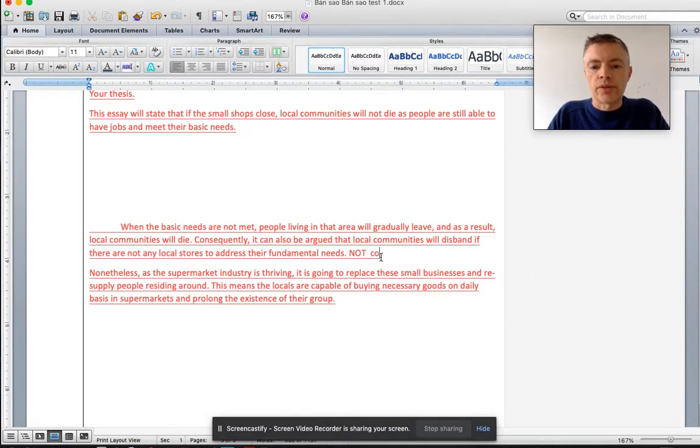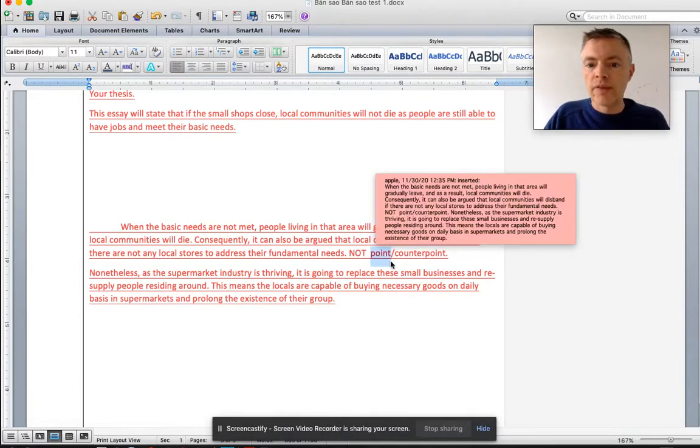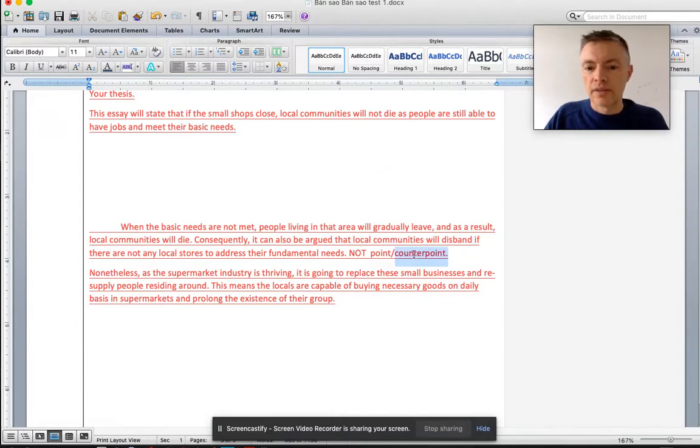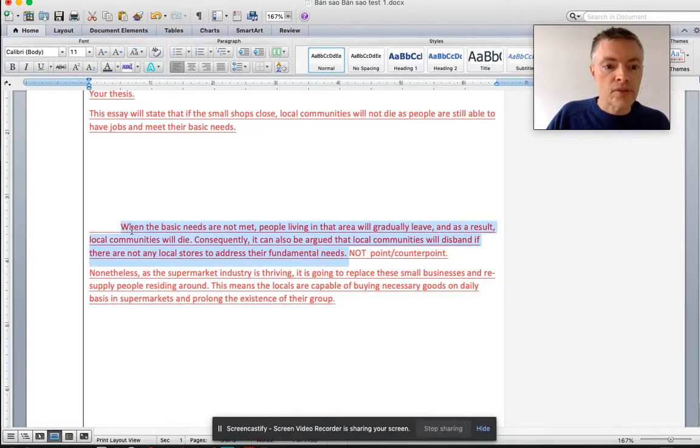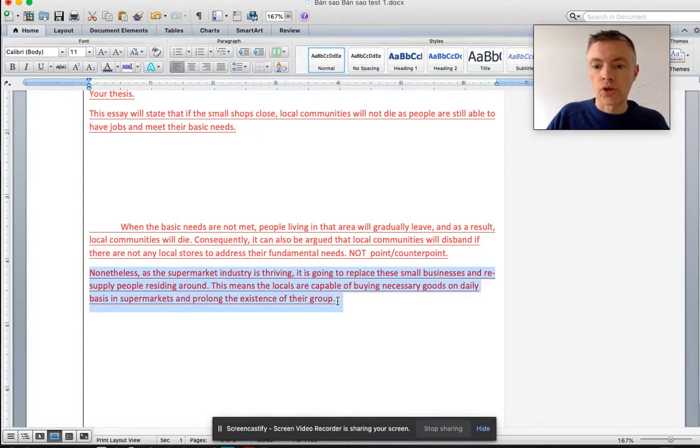What the student is doing is point, counterpoint. That means the student is showing the opposite point of view and then showing his or her point of view. Okay, so this is a point for the other side, and this part of the paragraph is going to show the opposite.